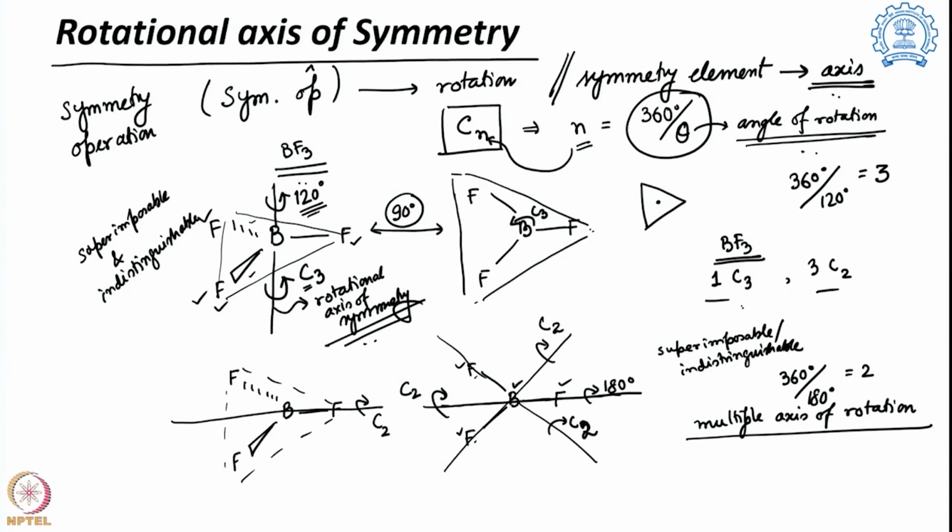Between C3 and C2, which is actually higher symmetry, the one with less movement. In C3 I am moving 120 degrees, whereas in C2 I am moving 180 degrees. So 120 degrees is less movement. That is why C3 will be my major axis, which is known as the principal axis of rotation.